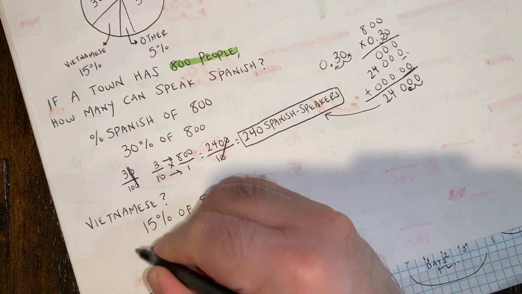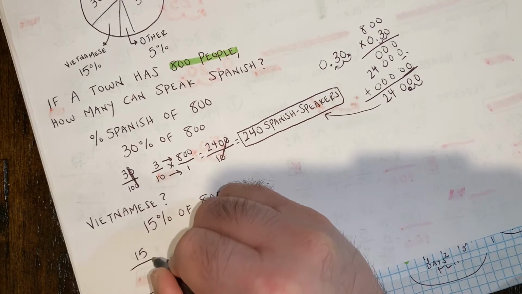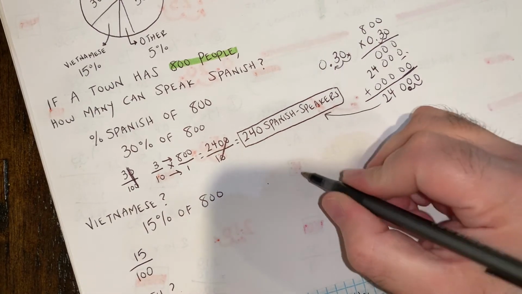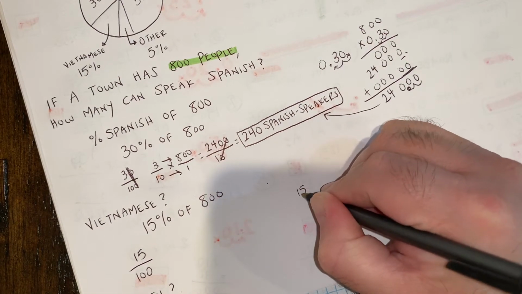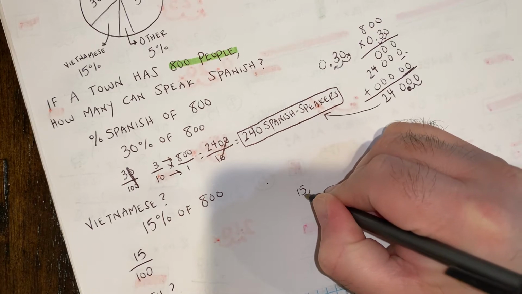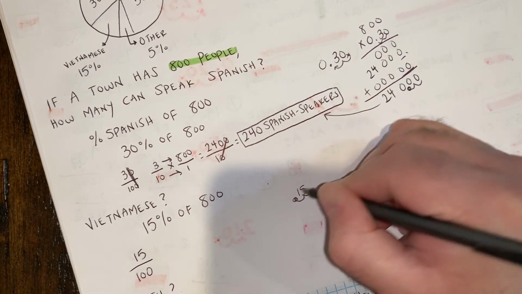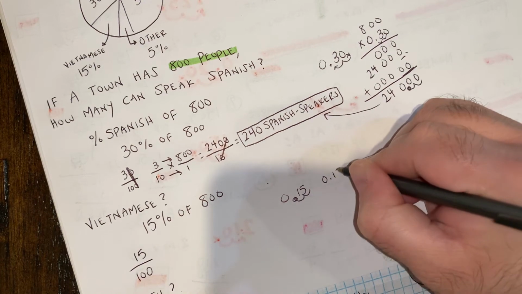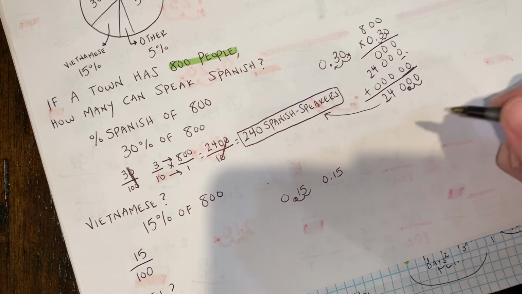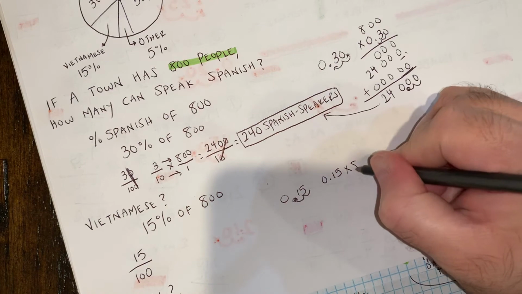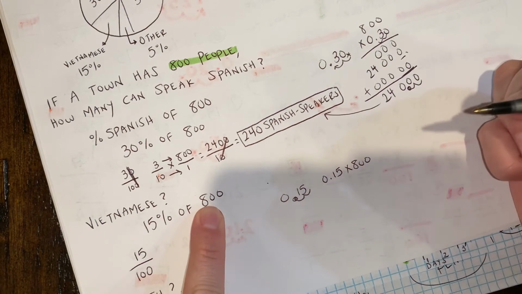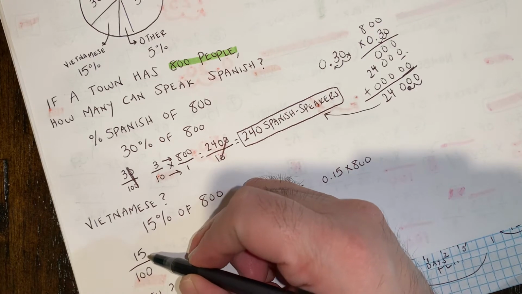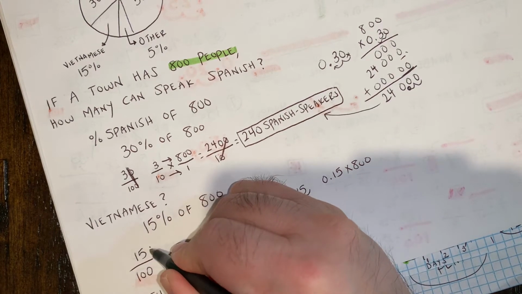If you want to do it the fraction way, it'll be the percent over 100. If you want to do it the decimal way, it will be the decimal slide twice to the left, so you'll get 0.15. And then remember, you multiply that by the number, which was 800. Or in this situation, if you have a fraction, you're going to simplify your fraction.